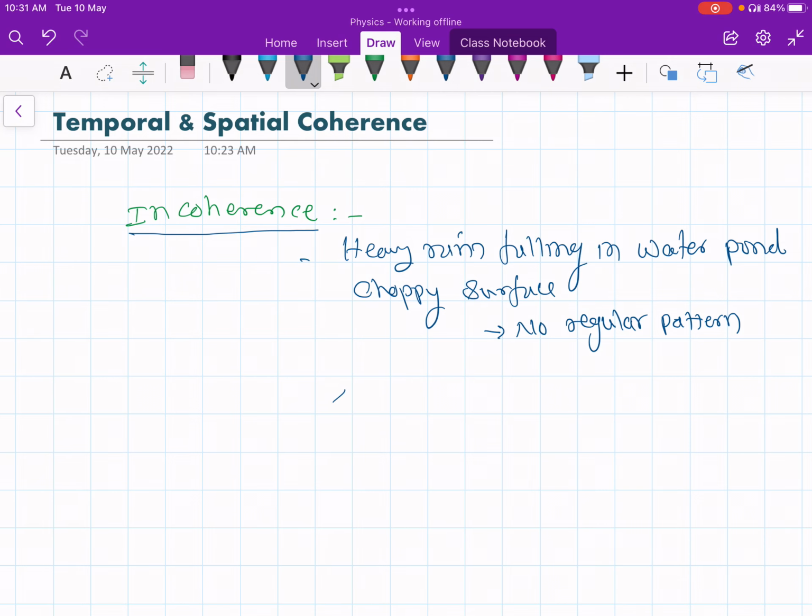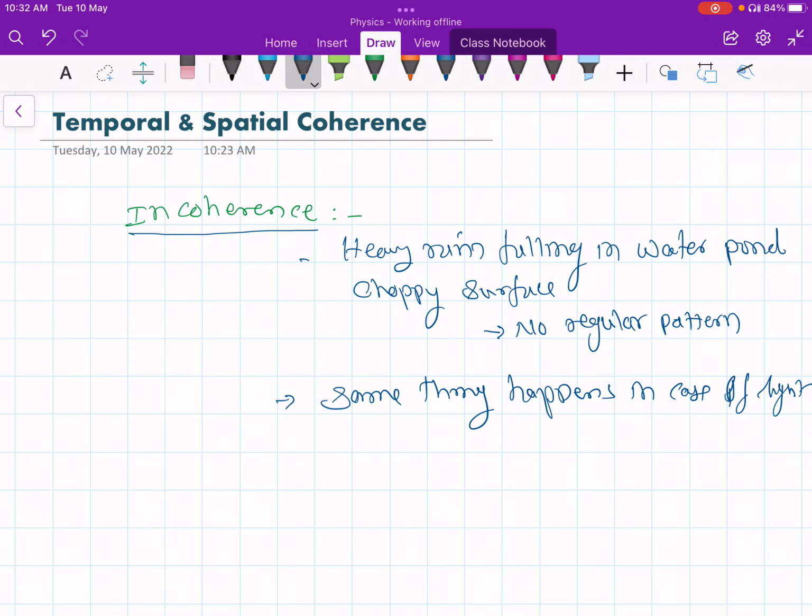The same thing happens in the case of light also. When light is falling on any surface, you don't see a choppy surface or any regular pattern. There won't be any uneven surface. That is because you don't see it, but there is an irregular pattern.